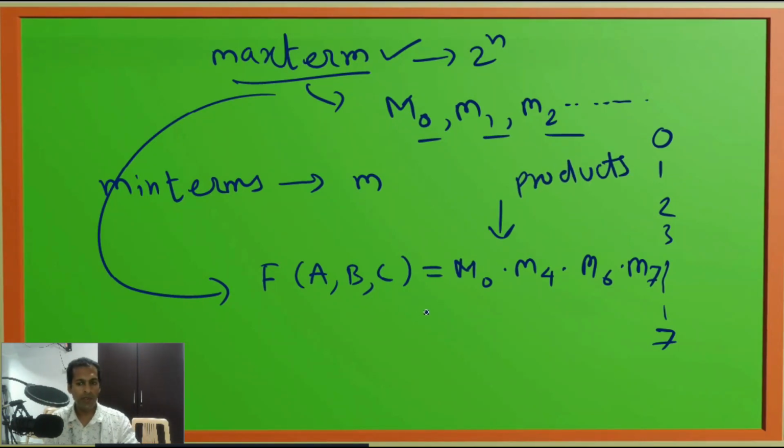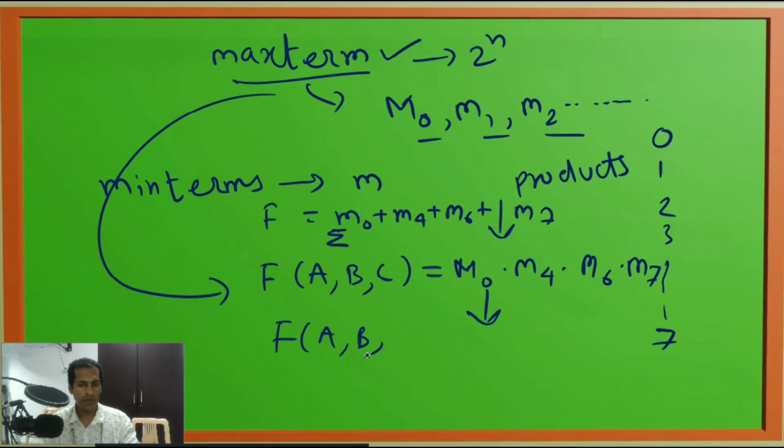In min terms we were representing the function as addition, m0 plus m4 plus m6 plus m7. Now this one we can write simply in the form of the numbers, and there we use summation in min terms.